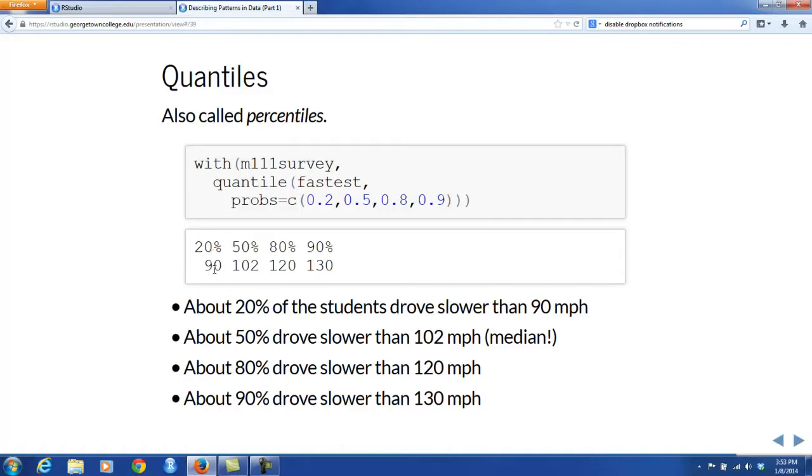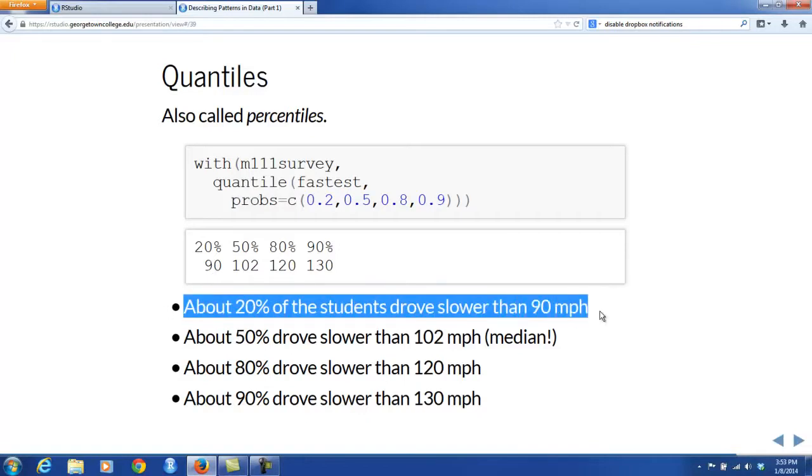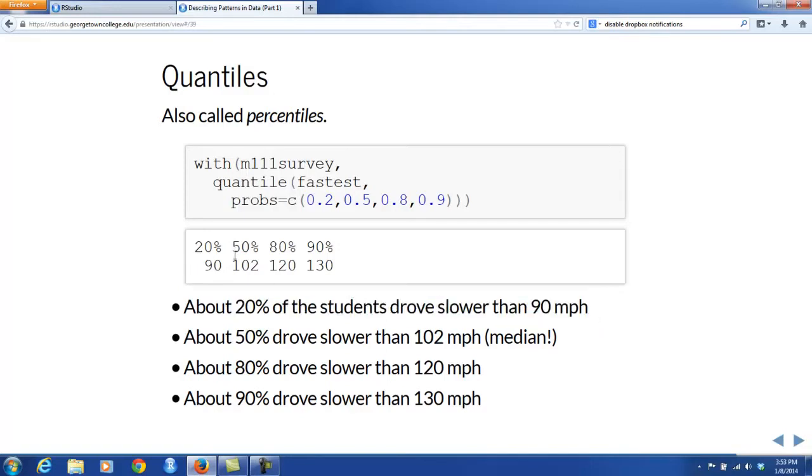What does that mean? It means that about 20% of the students drove slower than that speed. The 50th percentile of the fastest speeds is 102 miles per hour, and that means that about 50% of the students drove slower than 102 miles per hour.